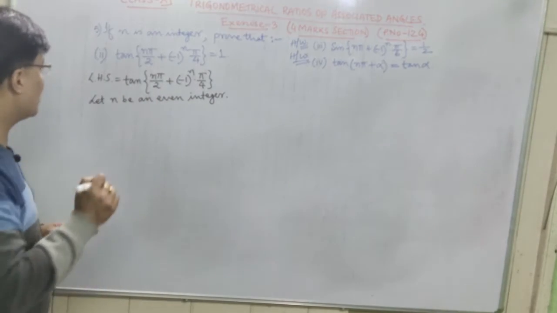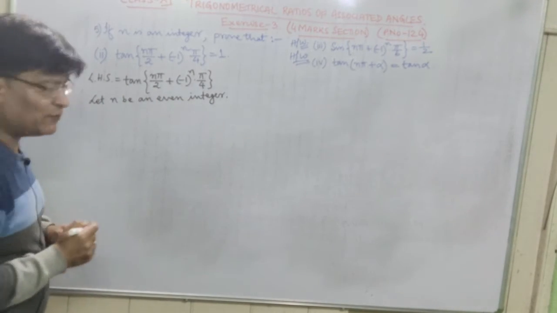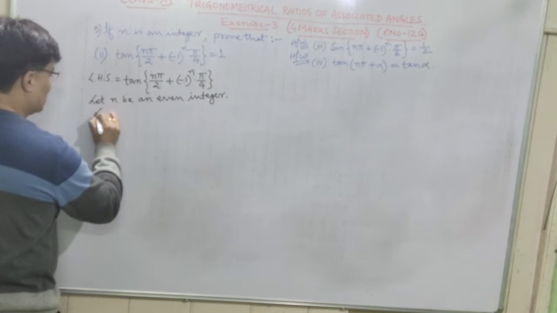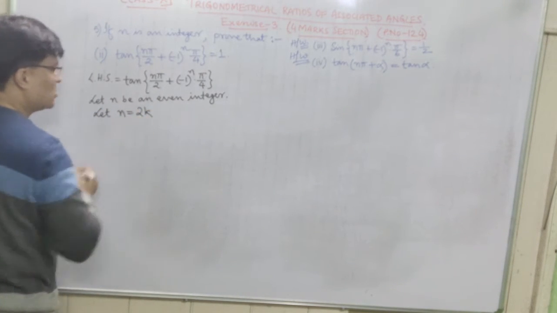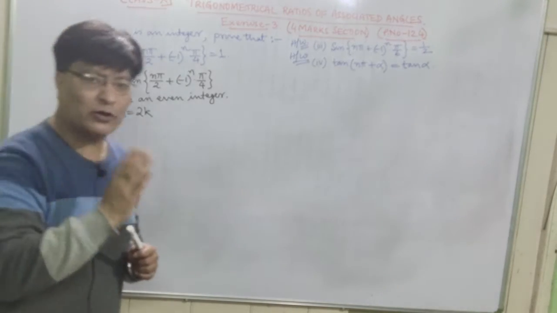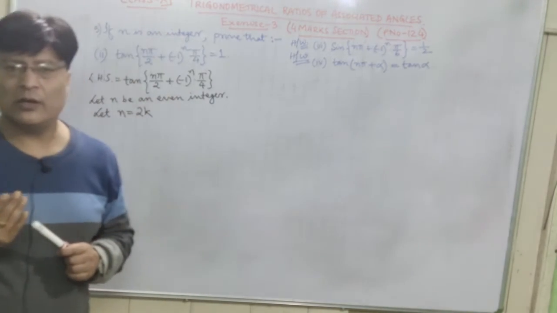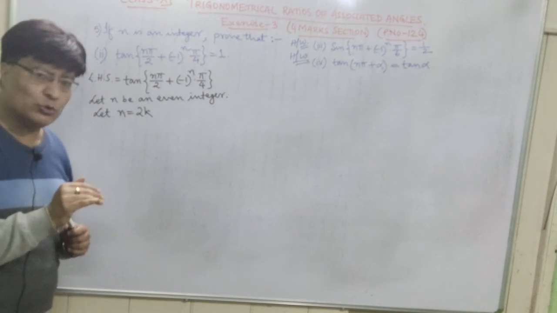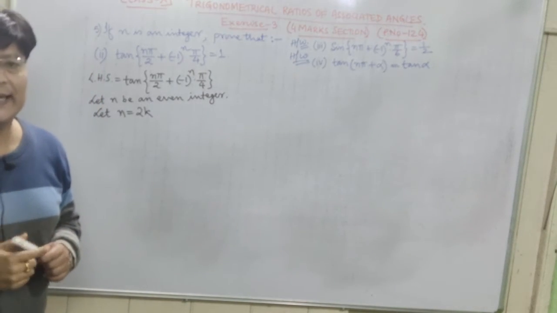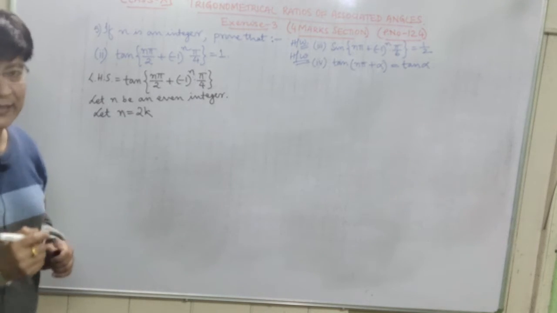Okay, so how can you assume n as an even integer? I already told you that it can be assumed as n is equal to 2k. If a number, whether it is odd integer or even integer, is multiplied by 2, it will always be an even integer. You know that, isn't it?